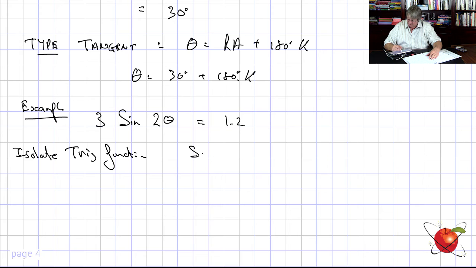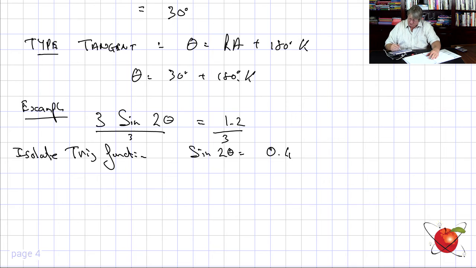Which is going to be sine of 2 theta is equal to 1.2 divided by 3, which is 0.4. All I've done is I've divided both sides by 3 to get to there.